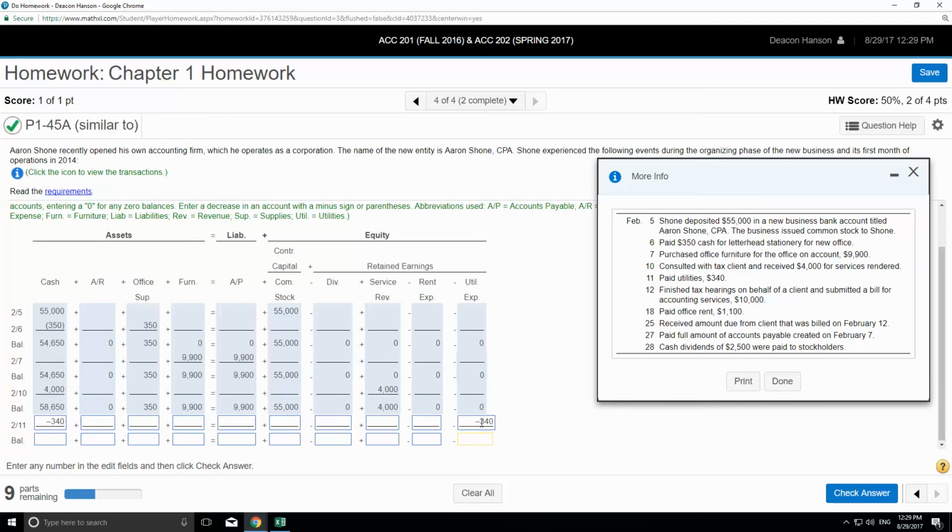So it should be a positive. It should be a positive, you're right. We'll see though. 58,310. Does that look right? I'm doing the math. And then we'll just balance again.